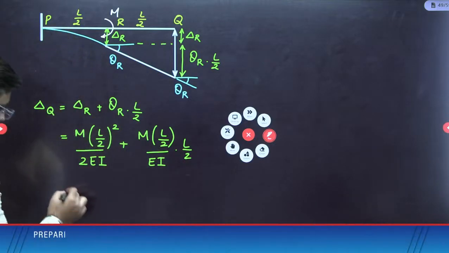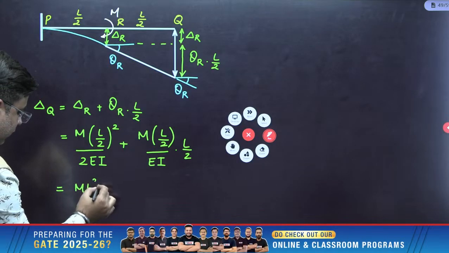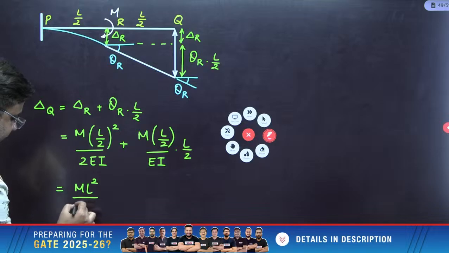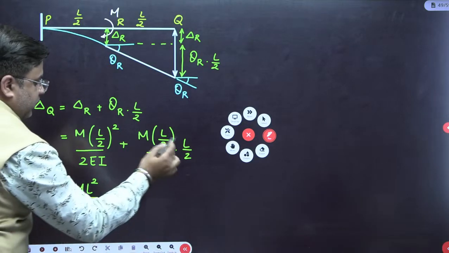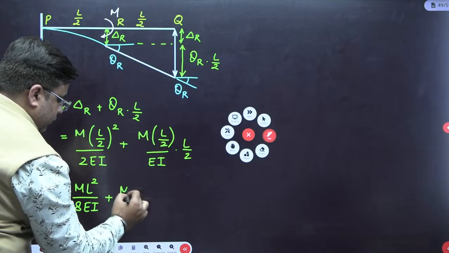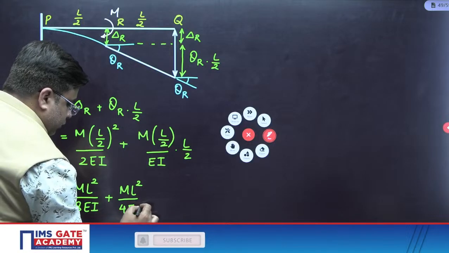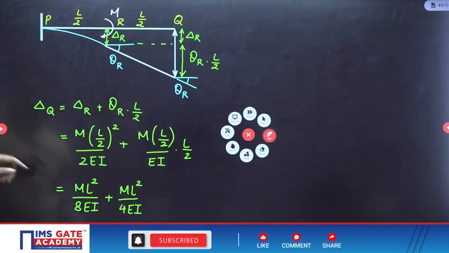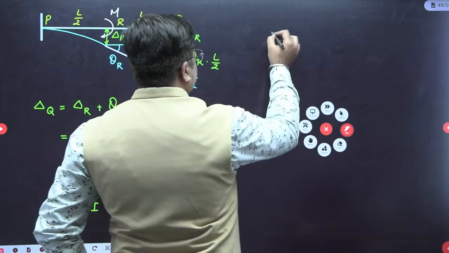Just calculate this. So this is equal to ML square upon 8 EI plus ML square upon 4 EI. So this will be, I think, 3 by 8 ML square upon EI.